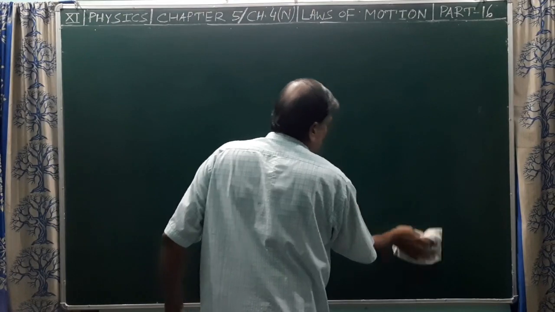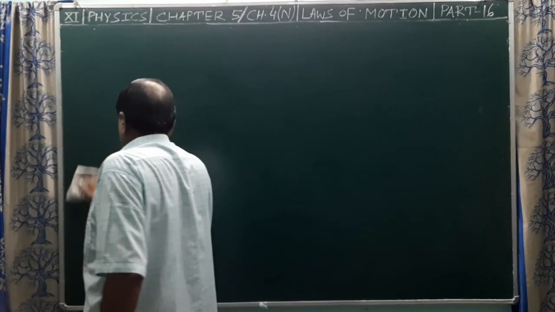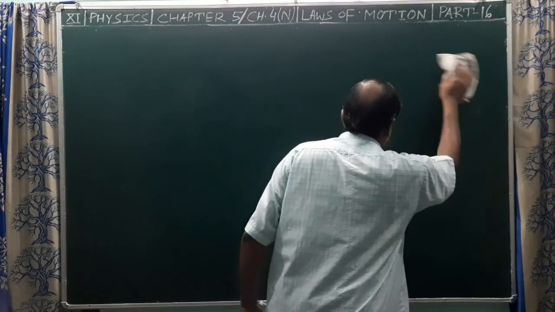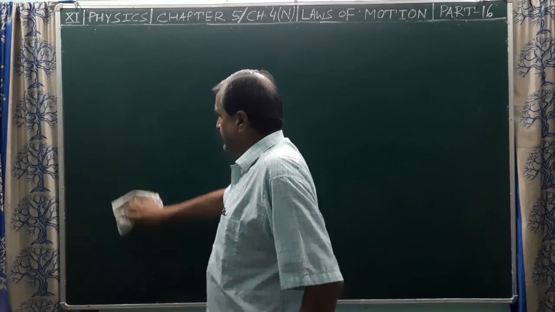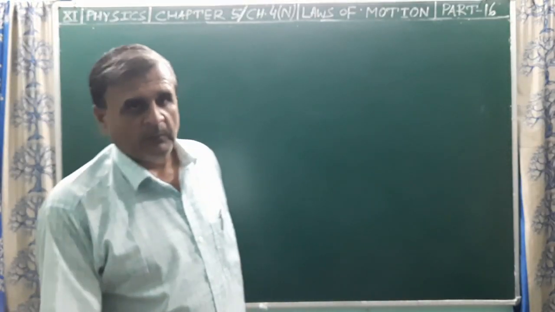And to maintain the motion of the block, the force acting on the block to maintain its motion is mass into acceleration, ma, and it is counterbalanced by the frictional force.